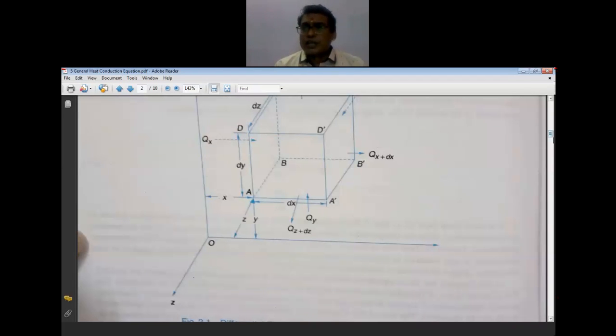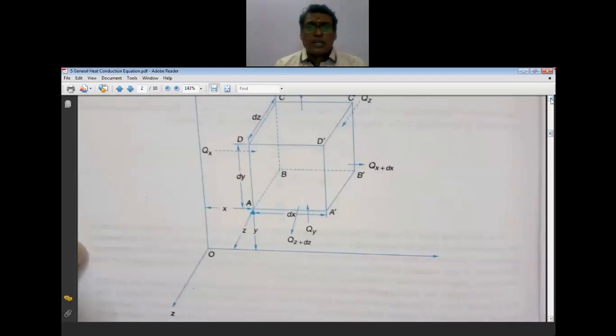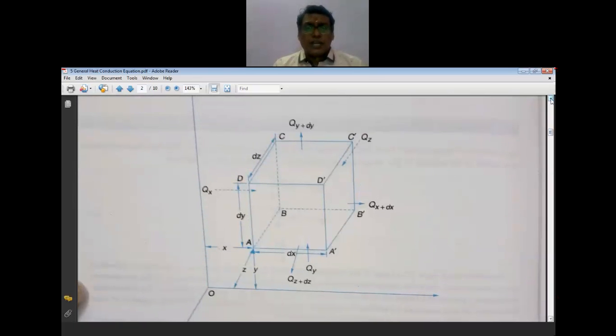Now we will consider or calculate the general heat conduction equation. We are assuming a metal cube through which heat flows in the x direction, heat goes out in the x direction. In the y direction, heat is going in, heat is going out. Similarly in the z direction, across the z plane.